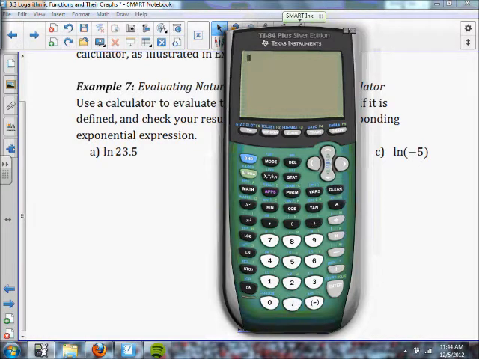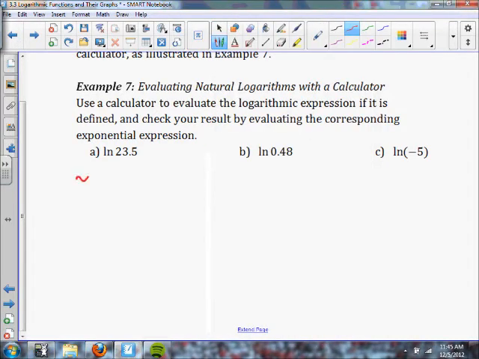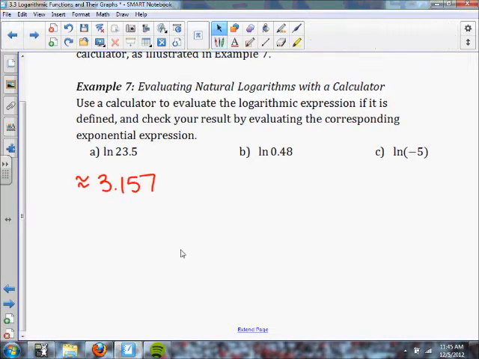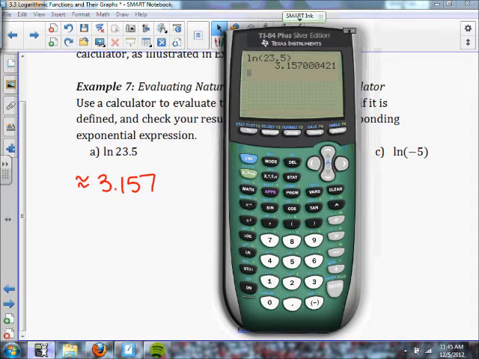Put that right in your calculator. We get 3.157. Now, if I wanted to check it, the inverse of ln of x is e to the x. So second ln, second negative, gives me the answer there. I do get 23.5.